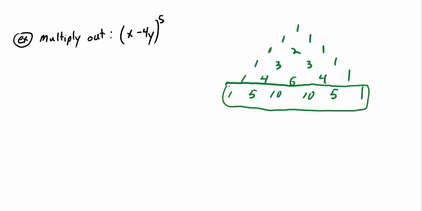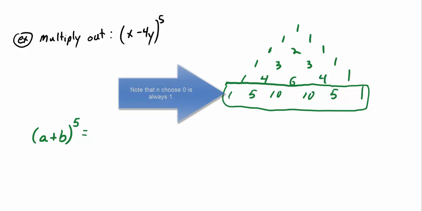No calculator needed. This is faster than using the calculator to figure out what those binomial coefficients are, in this case, because n is relatively small, n is 5. So let's write down the generic binomial expansion, a plus b to the 5th. What would a plus b to the 5th power be? You should know that the first coefficient is going to be 1 without even looking at this.